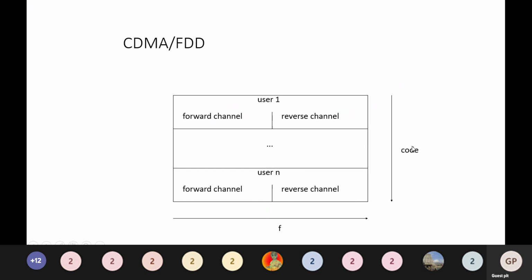Regarding the codes, you can use pseudo random sequences, PN sequences. These are periodic sequences with a certain periodicity and a certain fixed polynomial.